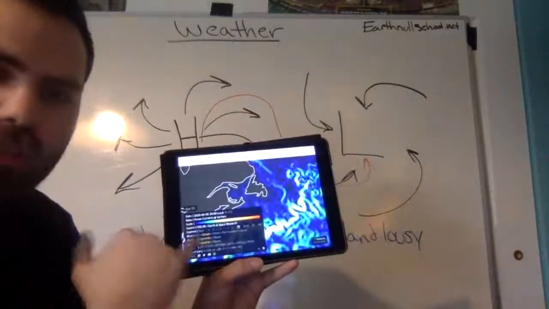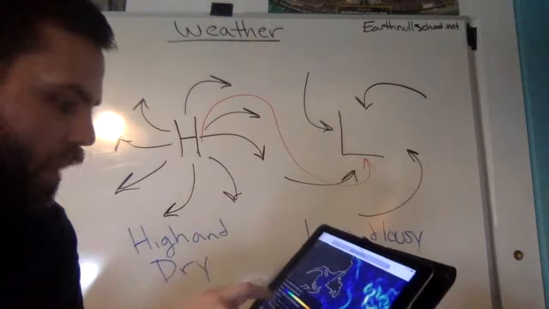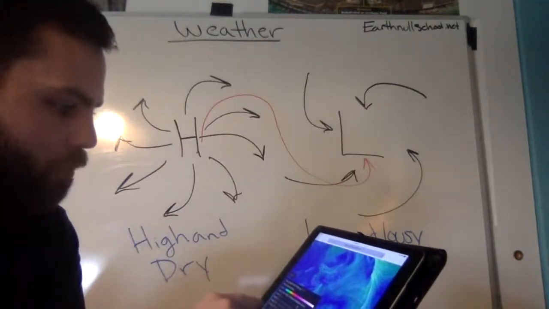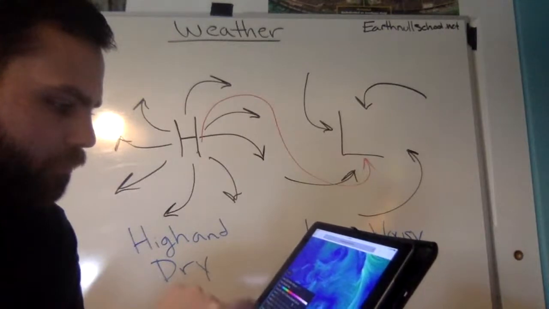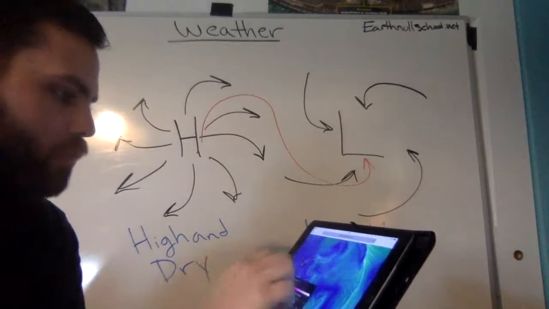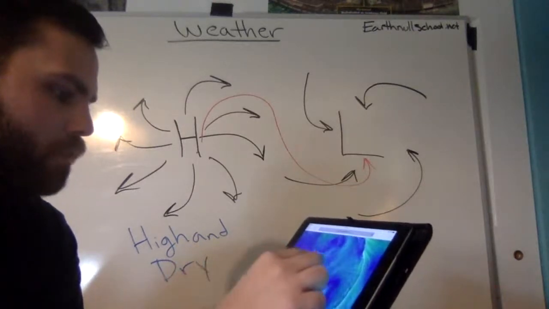You don't just have to do ocean currents. You can actually do air, and since we're learning about the atmosphere, you can put it on the surface, and I can make this smaller.